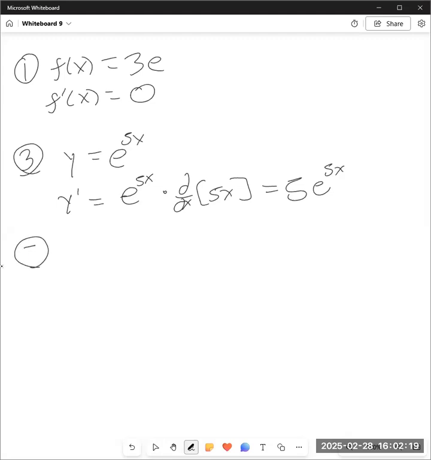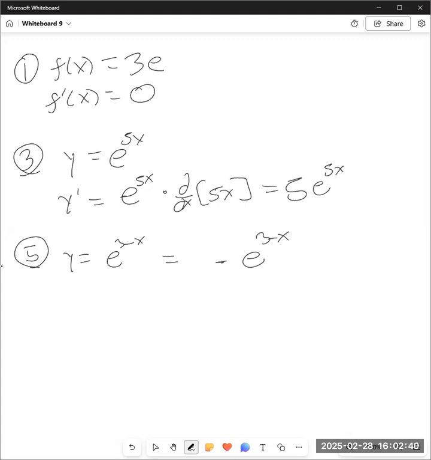Number 5, we have y is equal to e to the 3 minus x. So that's going to be e to the 3 minus x times the derivative of 3 minus x. It's going to be a -1, my derivative that I multiply by.